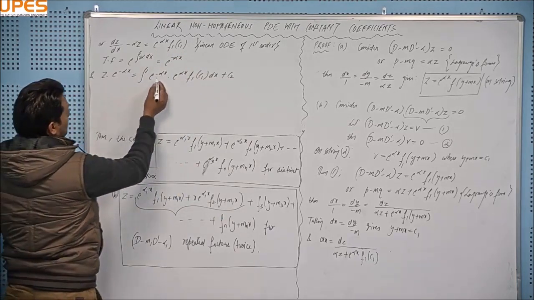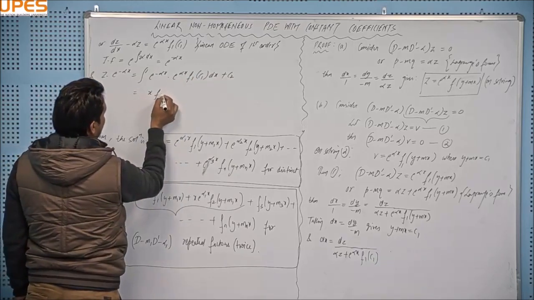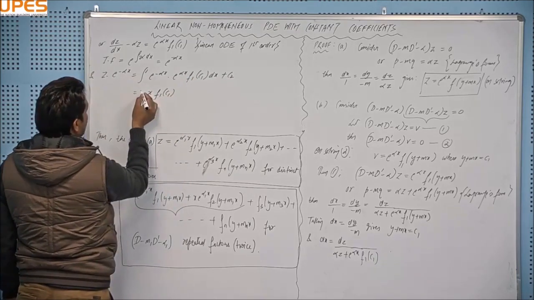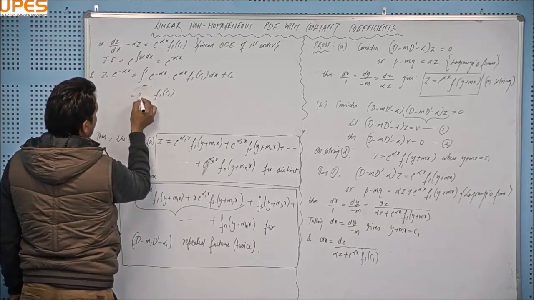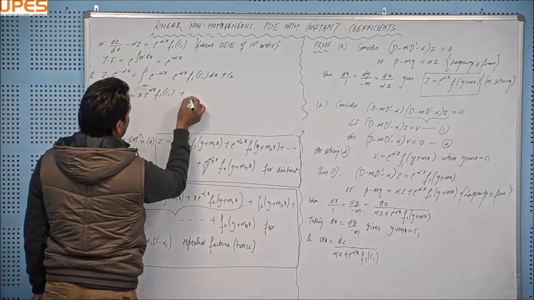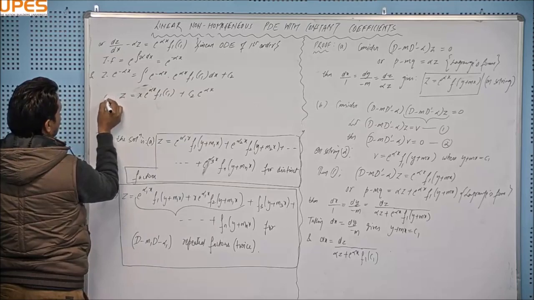Then these terms will be cancelled, and I will be getting something like this, x f1 of c1, and this will appear here, e to the power alpha x, plus c2 e to the power alpha x. And then z is equal to this.